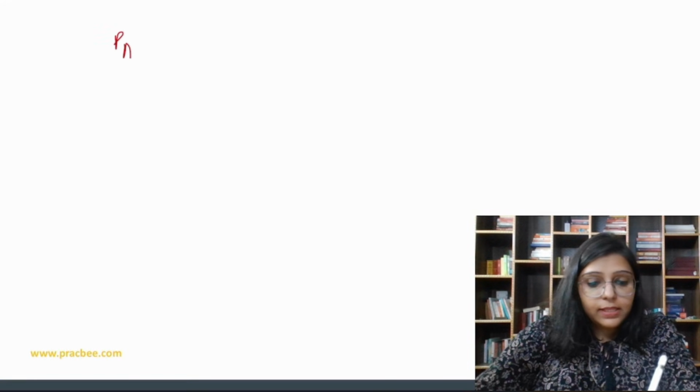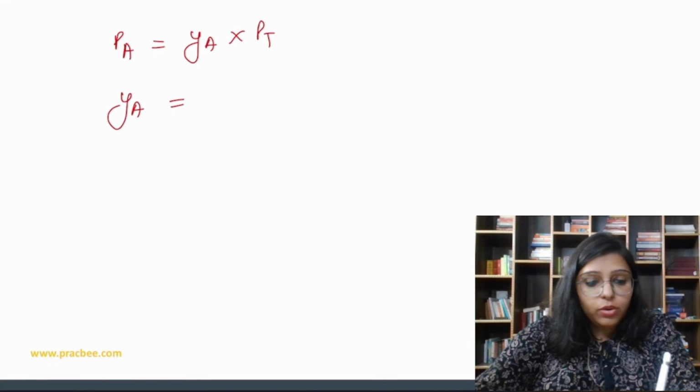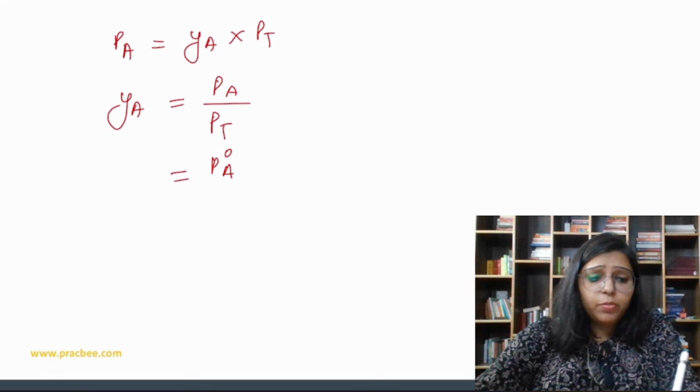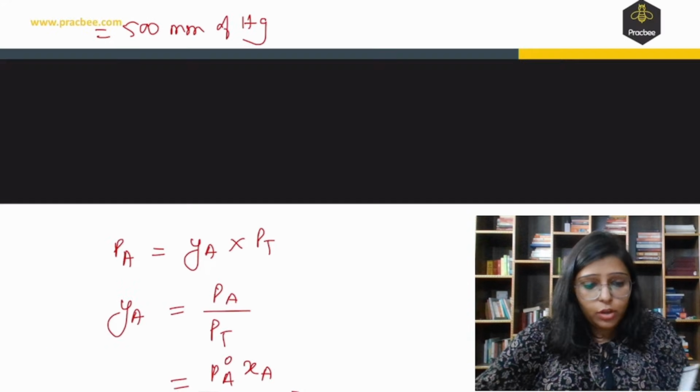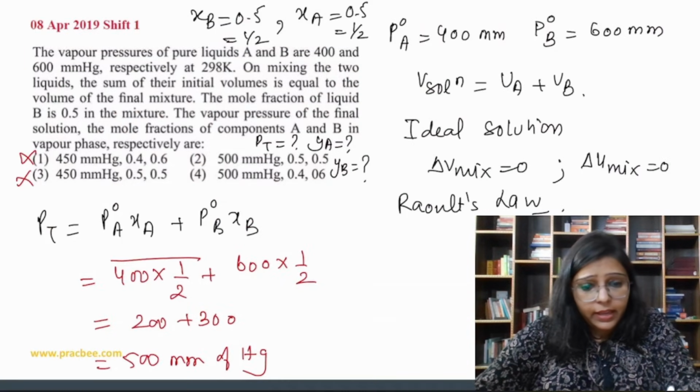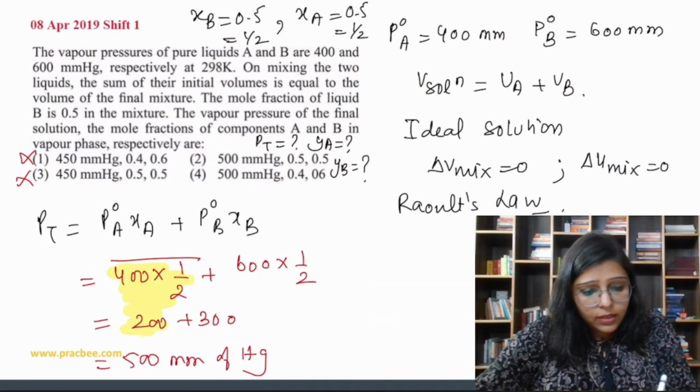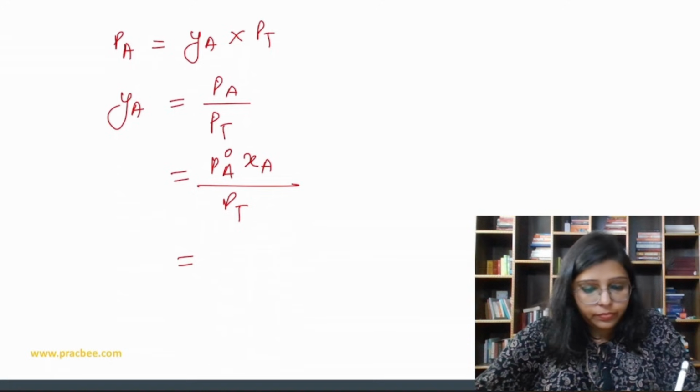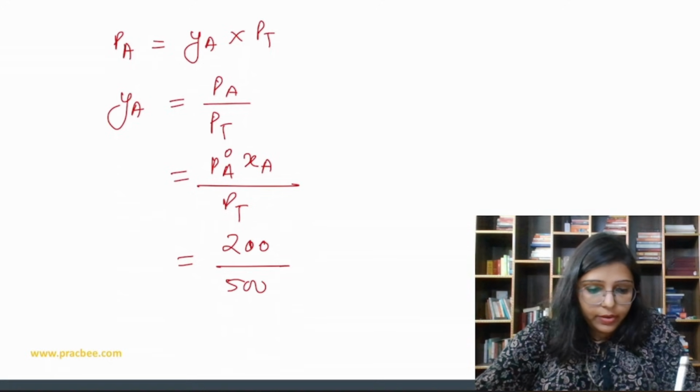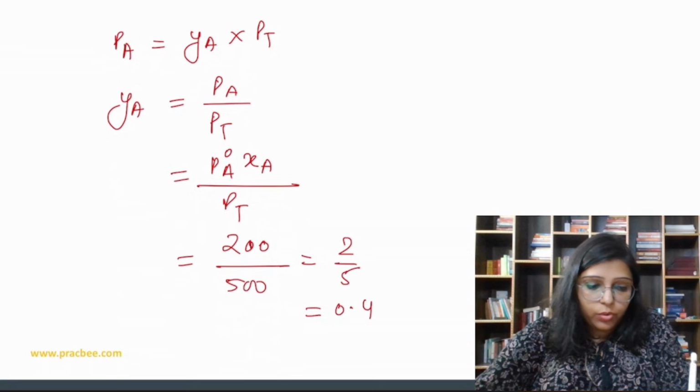So PA is equal to YA into P total. So YA is equal to PA upon P total. PA we can find out by P naught A XA upon P total. So P naught A XA is this, which is 200, and P total is 500, which is 2 by 5, and 2 by 5 is 0.4.